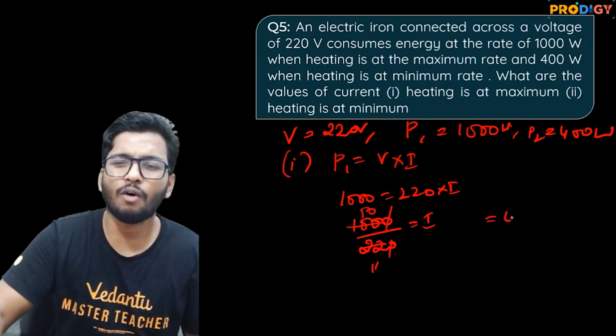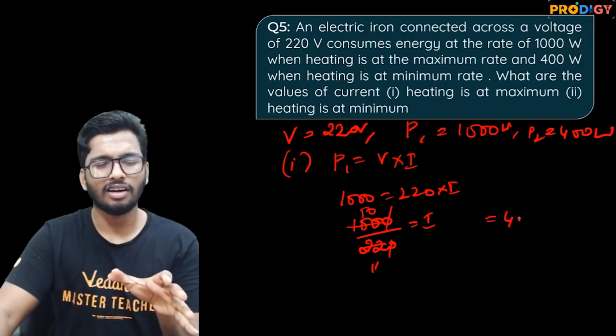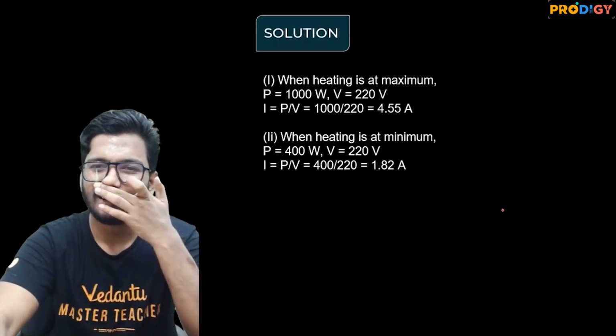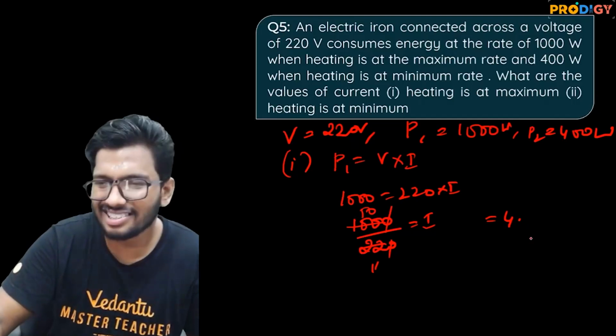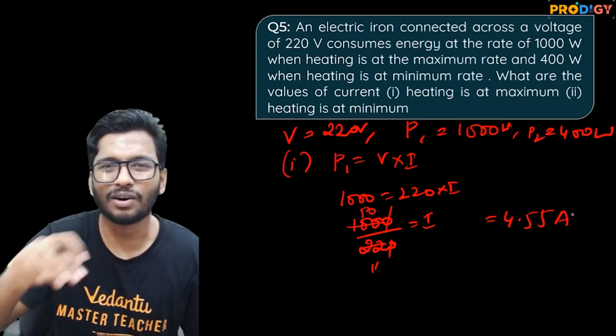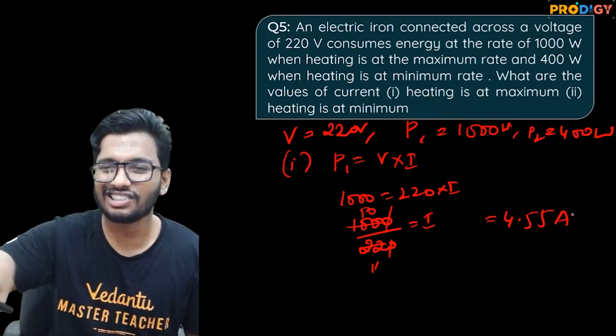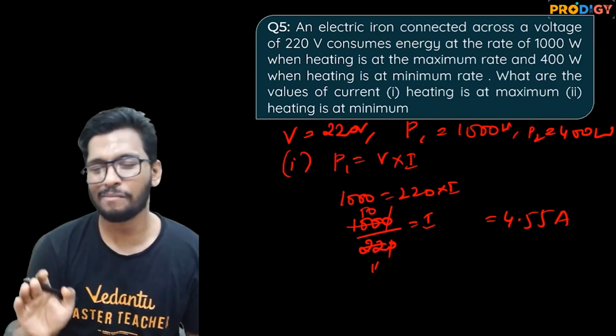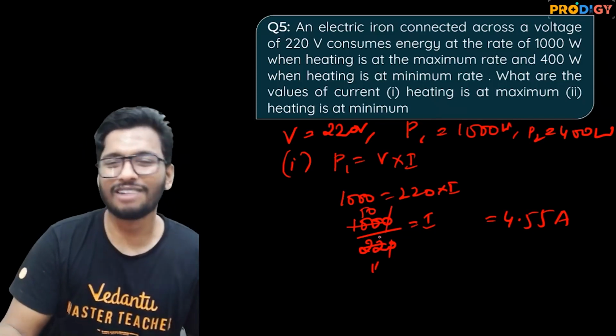So that will be around 4 point something. 4.55. All right, let's just take it like that, I really don't want to do the fractions and all that. So you get the point, people. 4.55 amperes is what you get.